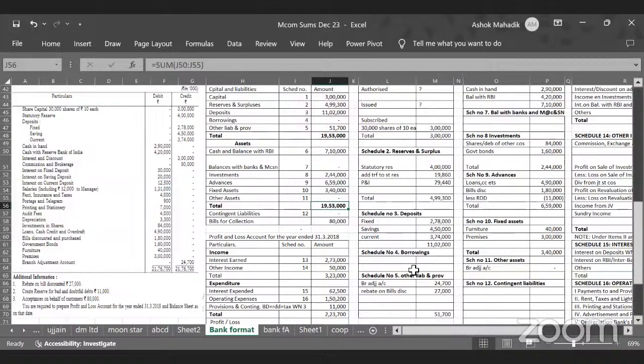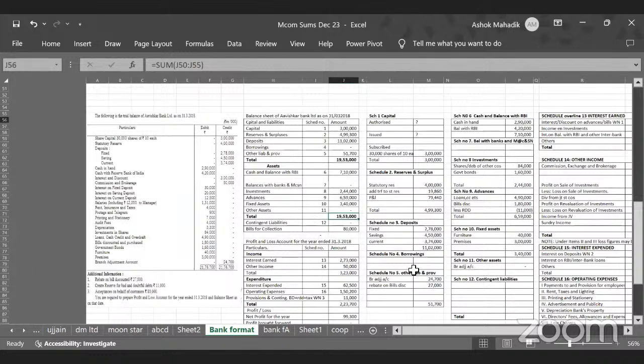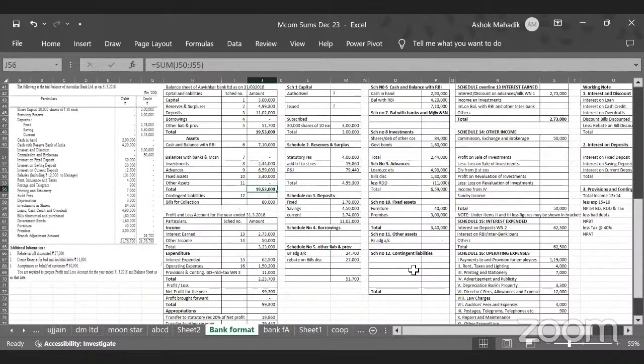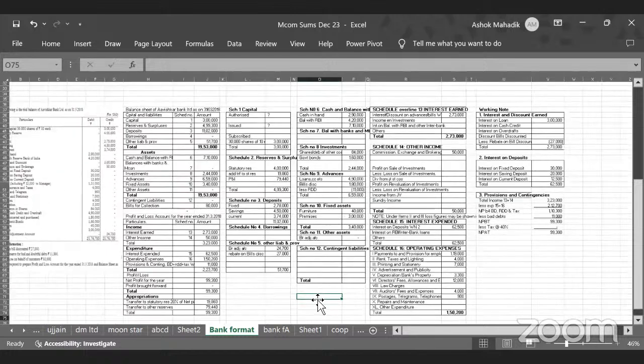If you want to take a screenshot, I'll just reduce the size a bit. That will be too small. I don't know whether you can read it. If you take, I'll increase the size of this solution.